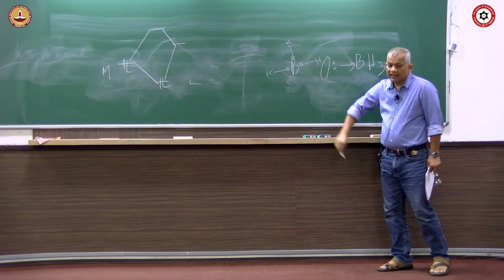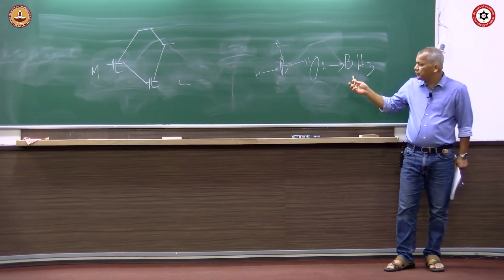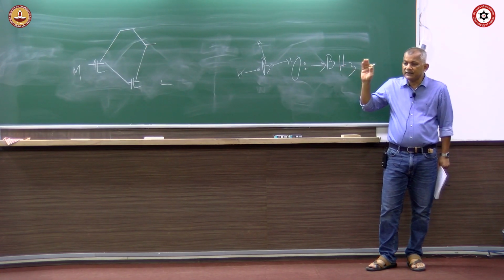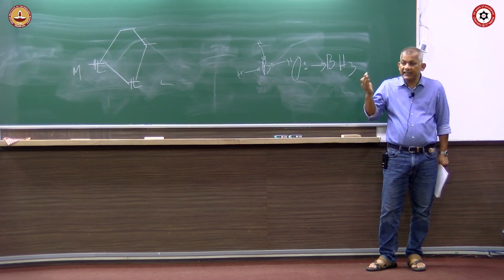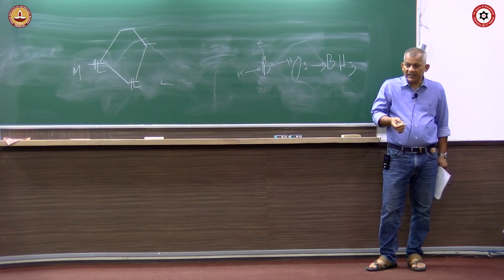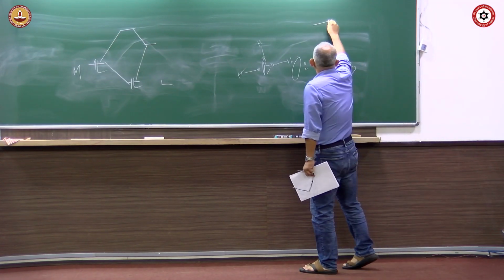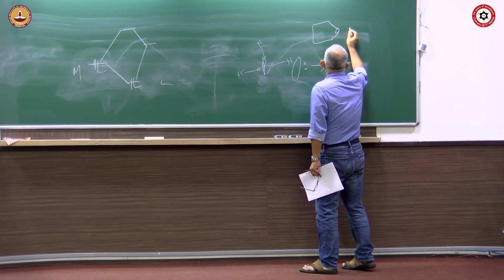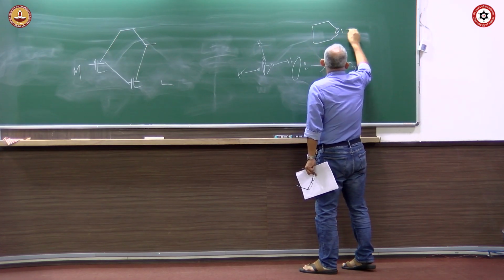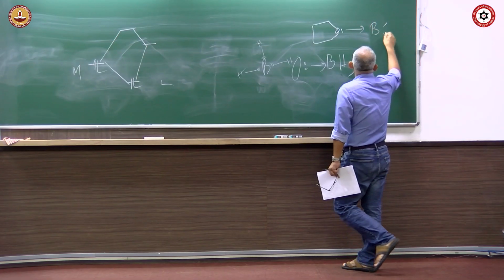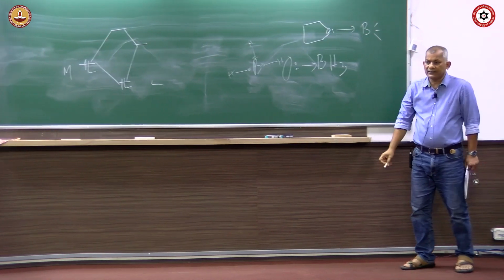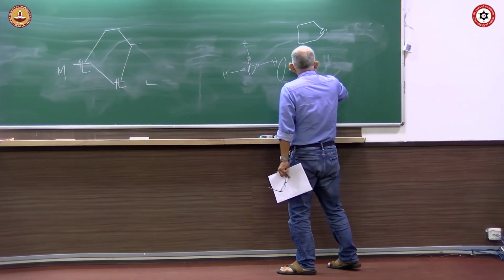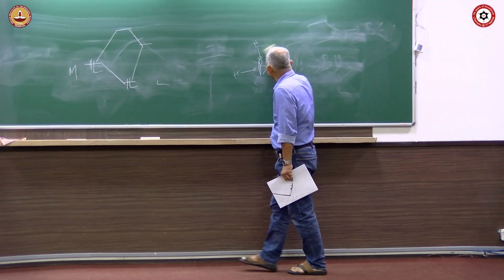That is why you can buy boranes in the market sold as a THF adduct or an amine adduct. With tetrahydrofuran, the 2 electrons go to the boron and it gives 8 electrons now. So this is a Z type ligand, or it could be aluminum also.